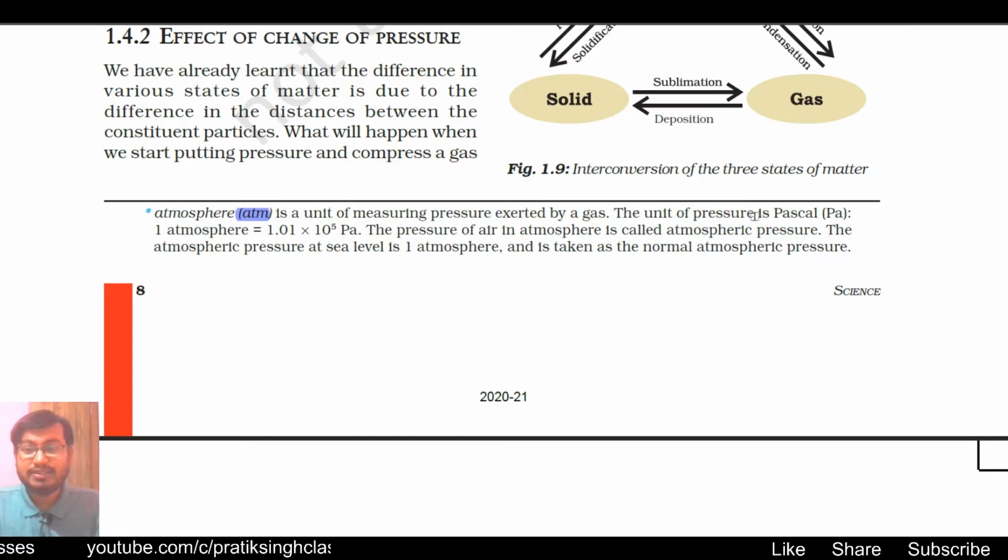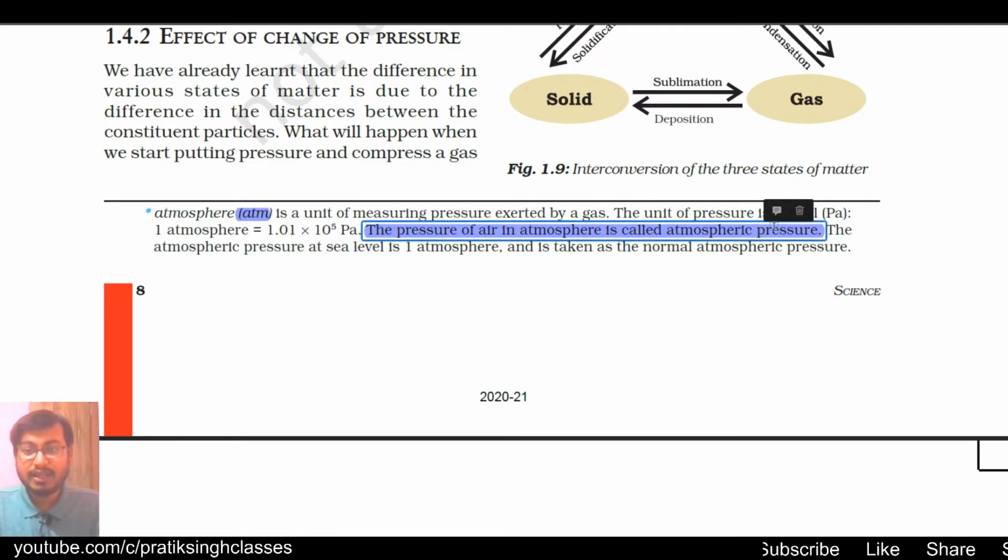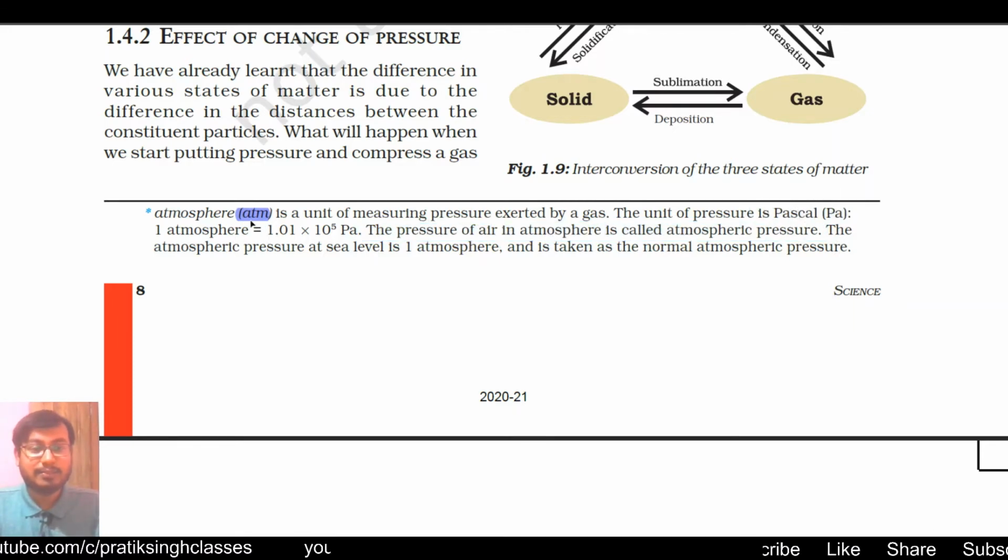The unit of pressure is Pascal, and 1 atmosphere is equal to 1.01 × 10^5 Pascal. So this is a very high quantity. The pressure of air in the atmosphere is called atmospheric pressure, meaning the pressure exerted by the air on our body. Because of atmospheric pressure, our blood circulation remains at its pace.